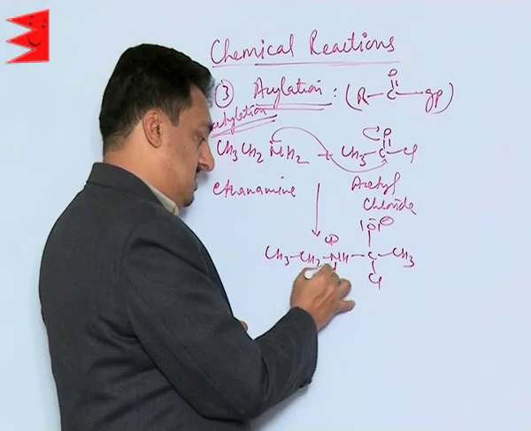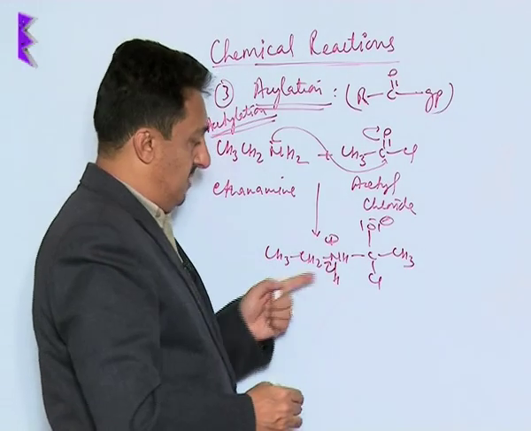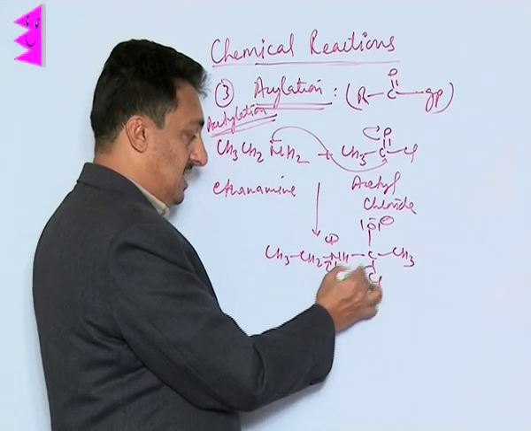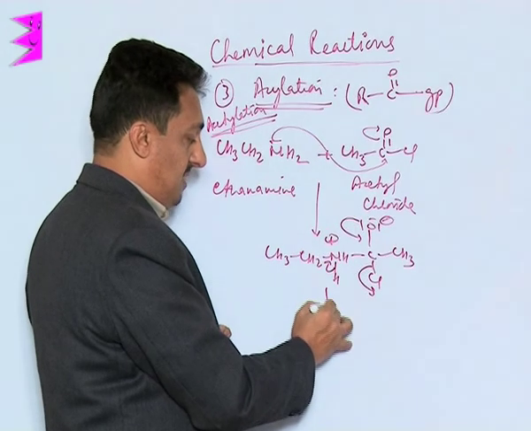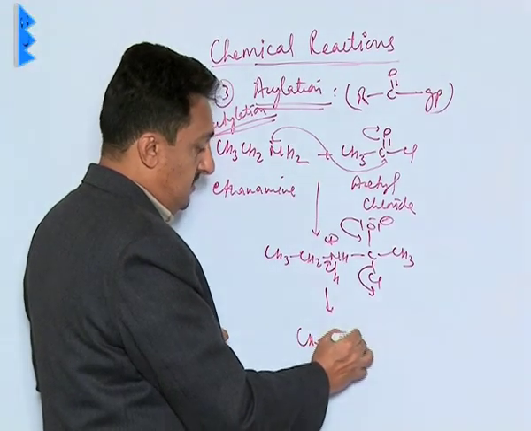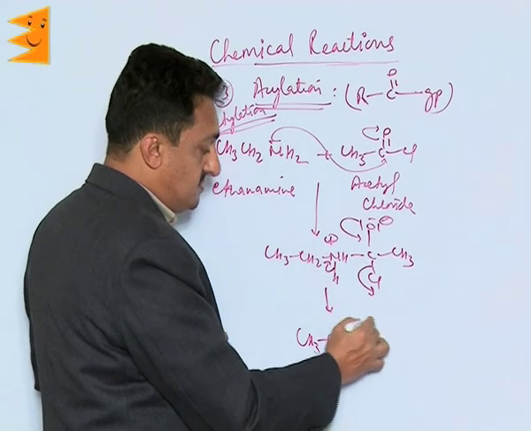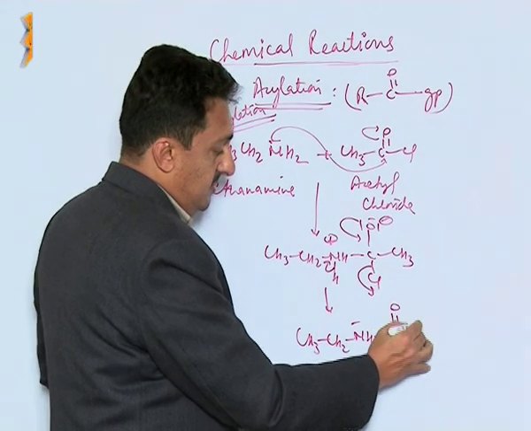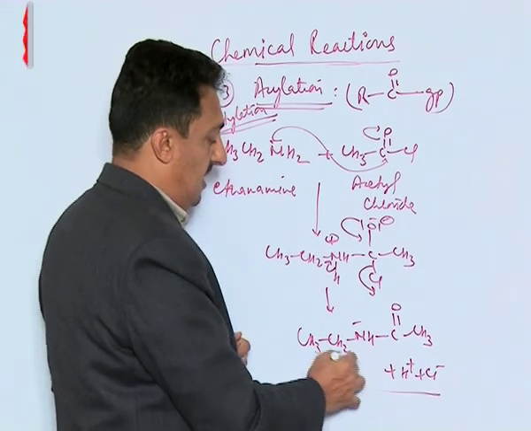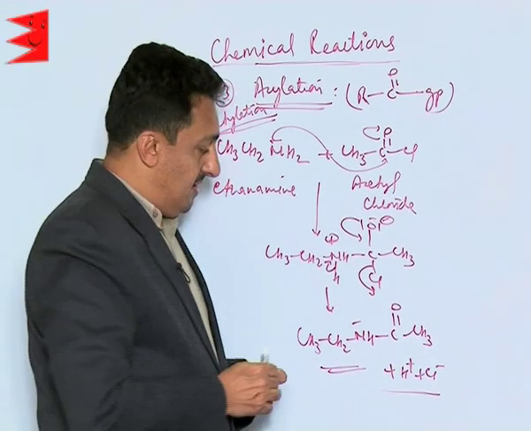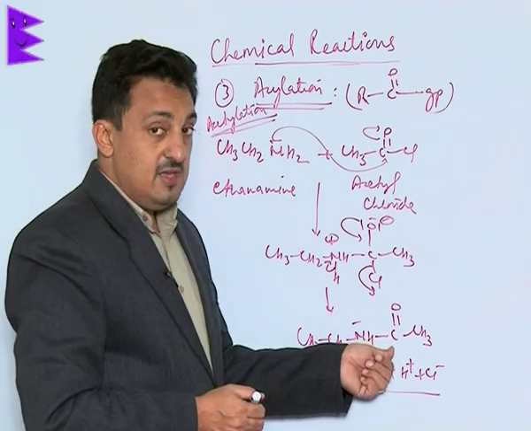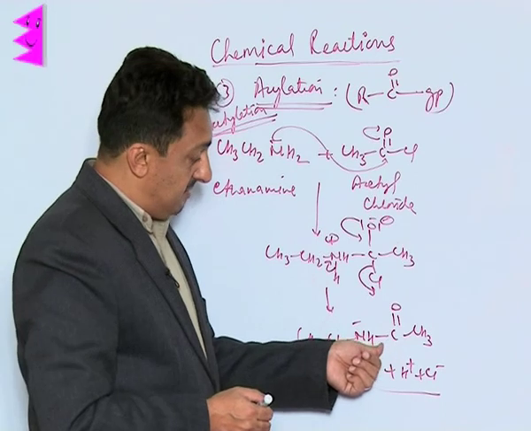Now this withdraws the electron from here, it becomes NH. And similarly the Cl goes out, this gives the electron back here. So what we get is CH3CH2NH, C double bond O, CH3 plus H plus and Cl minus. So this is how we get the amide. And now this will be called N-ethyl ethanamide.